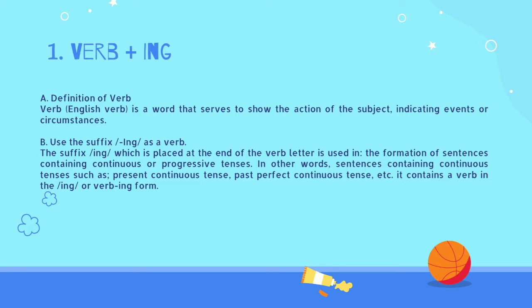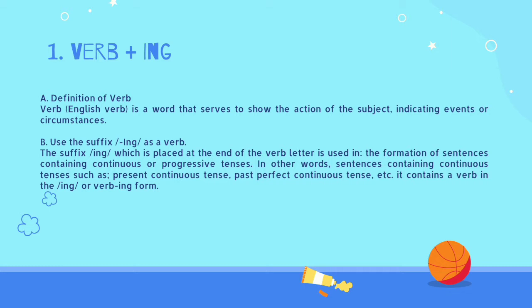A. Definition of verb. A verb is a word that serves to show the action of the subject, indicating events or circumstance. B. Use the suffix -ing as a verb. The suffix -ing, which is placed at the end of the verb, is used in the formation of sentences containing continuous or progressive tenses.